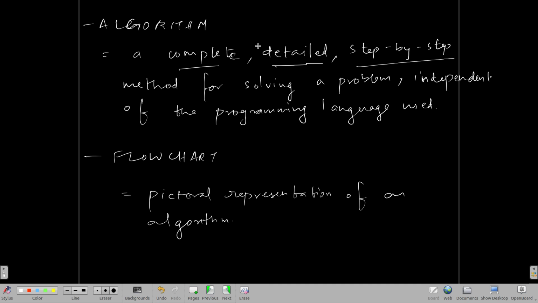And many times, once you are comfortable with coding and practiced enough, you may not even write an algorithm or a flowchart. You may even directly start writing the code if you are good enough. But still, it is always good to have an algorithm or flowchart laid out, because it helps you visualize, or see the logic properly.